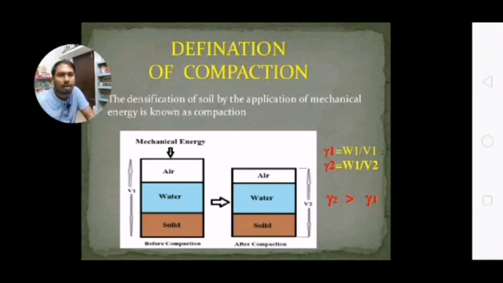Here V1 is greater than V2, so obviously gamma 2 will be greater than gamma 1. That means after applying the external compaction force, the volume of the soil decreases, and thereby the density or unit weight of that soil sample gets increased.